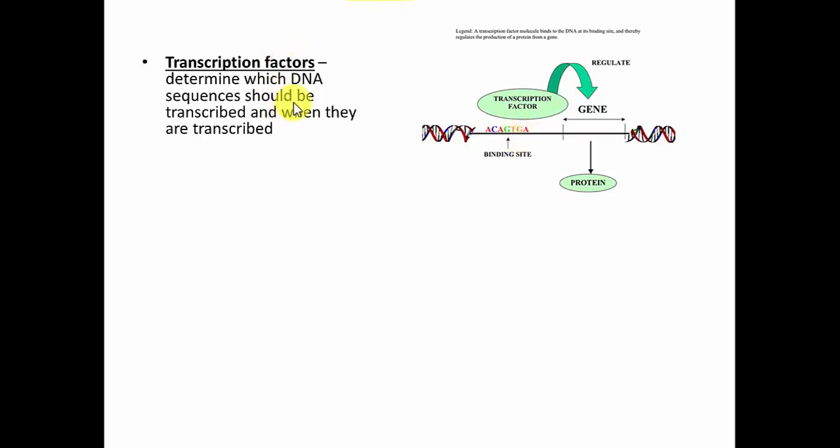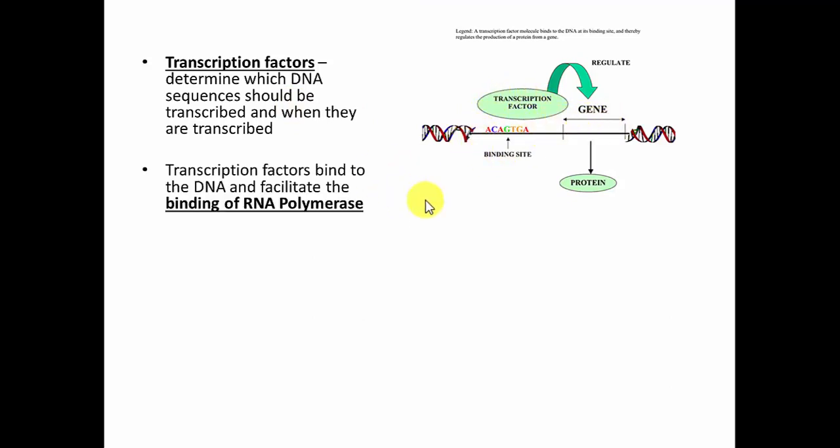So they actually have to bind to the DNA molecule somewhere upstream from the gene. And that binding of transcription factors will then facilitate the actual transcription process to initiate. So they bind to DNA and facilitate the binding of RNA polymerase, which will then allow elongation to take place. So without transcription factors, initiation of transcription cannot occur.